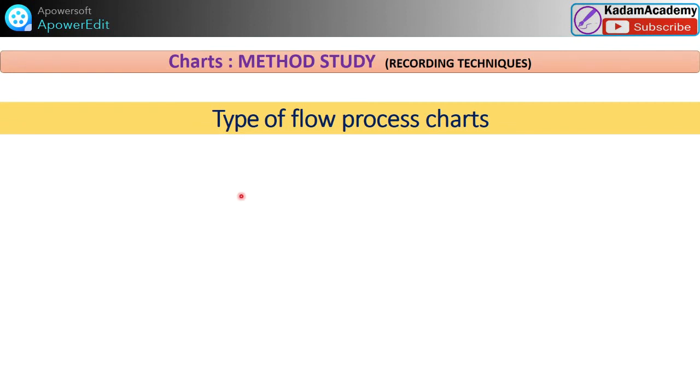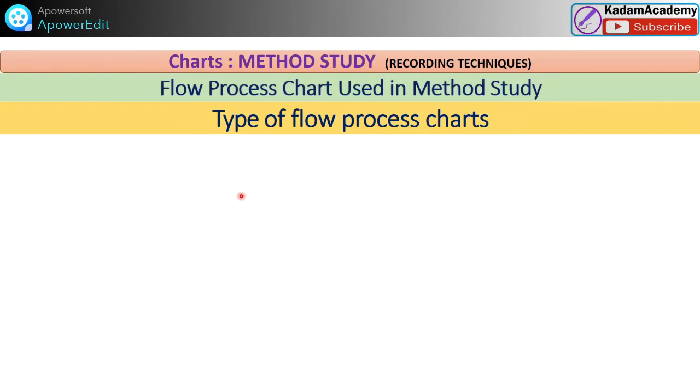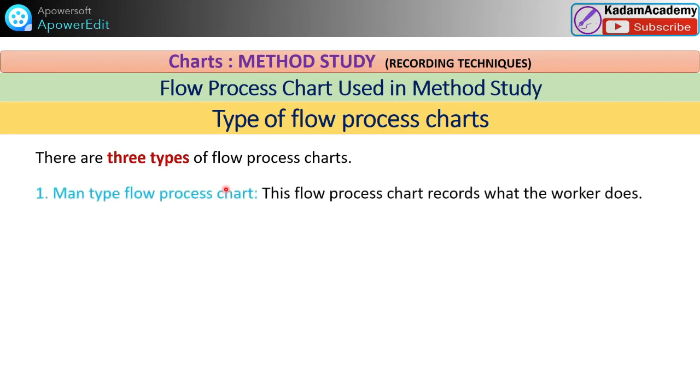So there are types of flow process chart. We already studied where to record the chart; here we are going to study the types of flow process chart used in method study. There are three types of flow process chart.